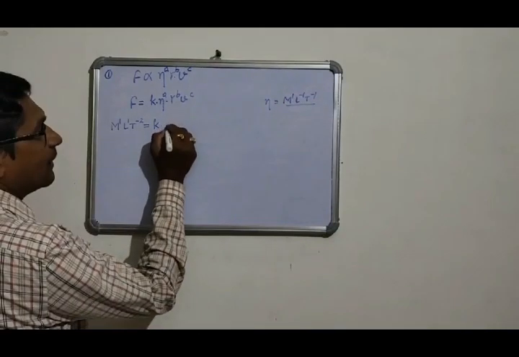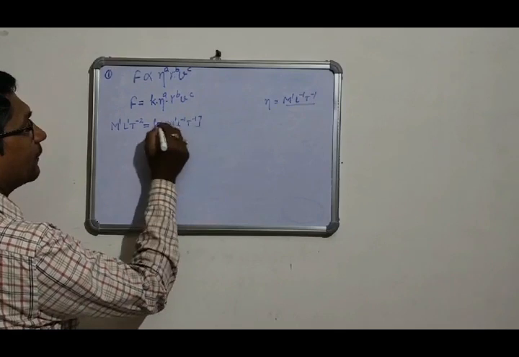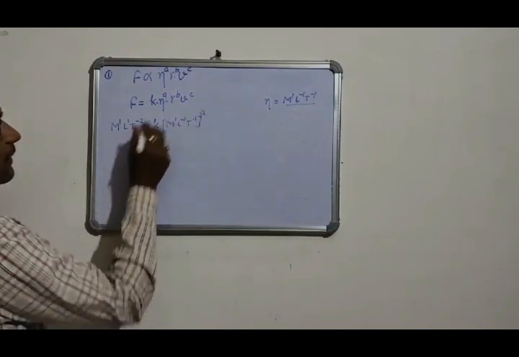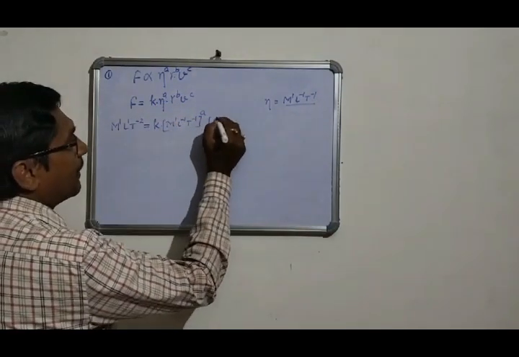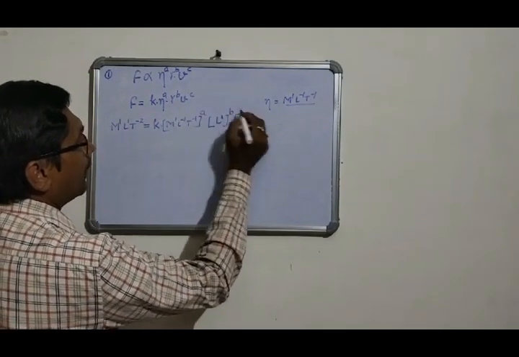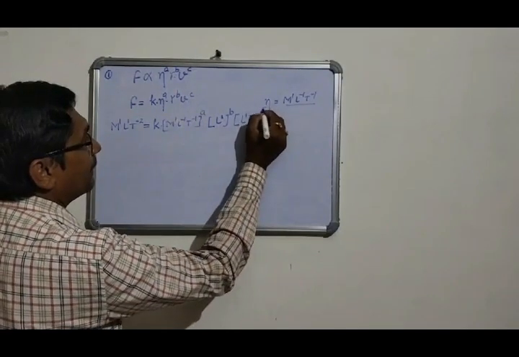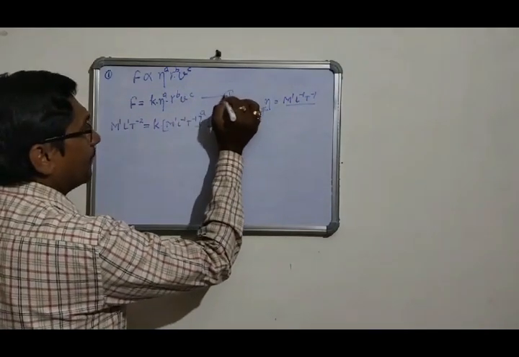So we put M1 L^-1 T^-1 to the power a for eta, R having only L1 to the power b, and velocity having dimensional formula L1 T^-1 to the power c. This is equation number 1.